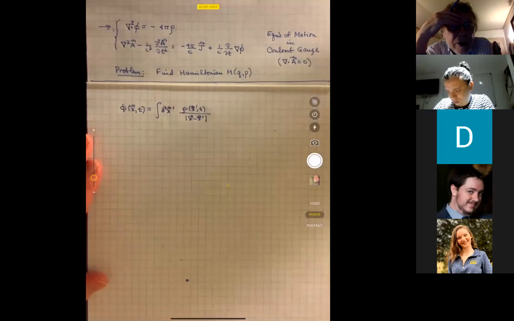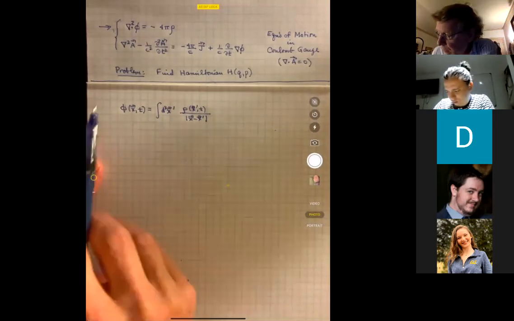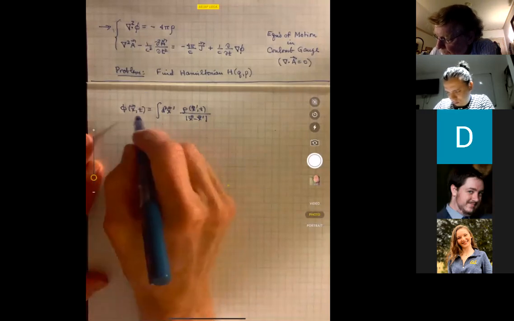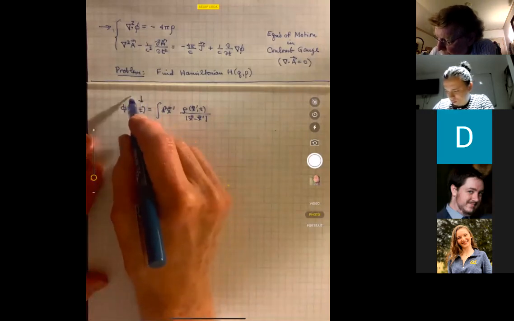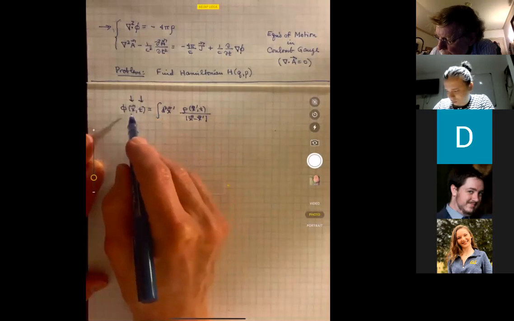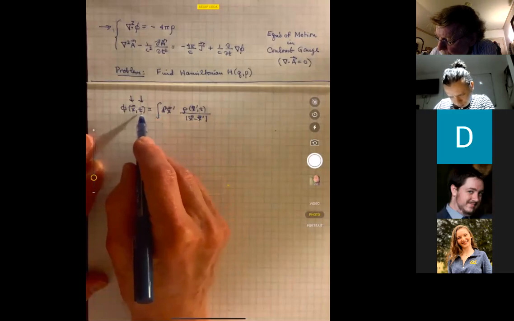is just like in electrostatics, but the point that I want to make is that we're not doing electrostatics, we're doing full electrodynamics. And that's manifested here by the fact that these are actually time-dependent fields. What we've got here is the scalar potential evaluated at a field position and a field time, x and t.